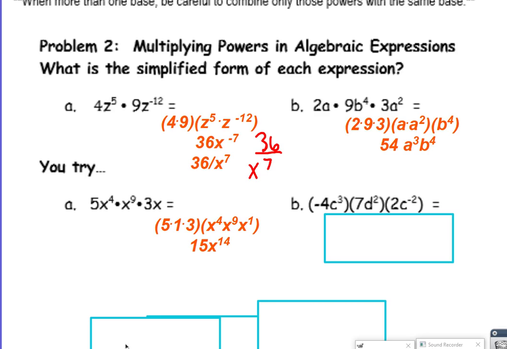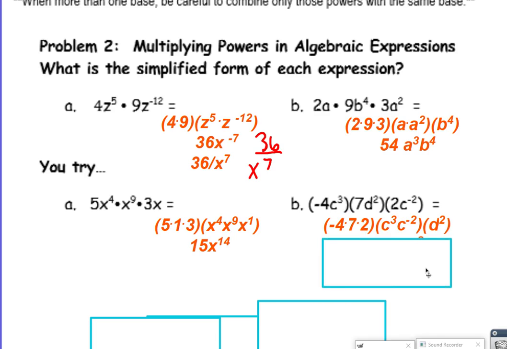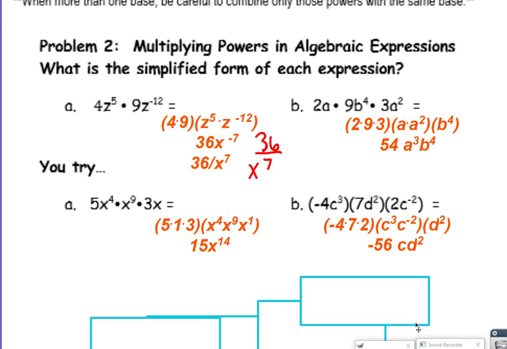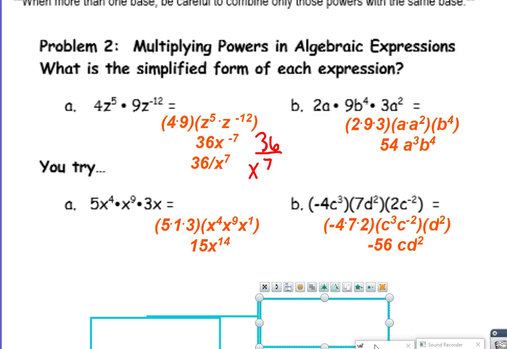Letter B, you're going to multiply your numbers, negative 4 times 7 times 2, and then c cubed times c to the negative 2, and then d squared. You can only combine like bases to get negative 56c d squared.